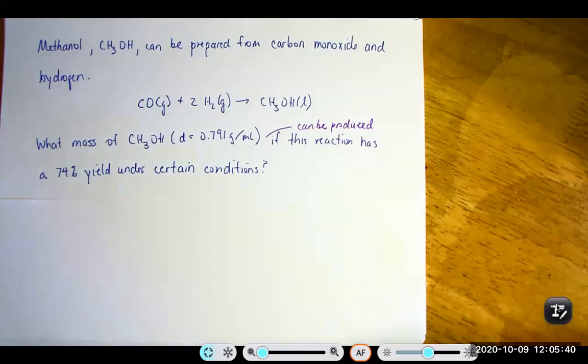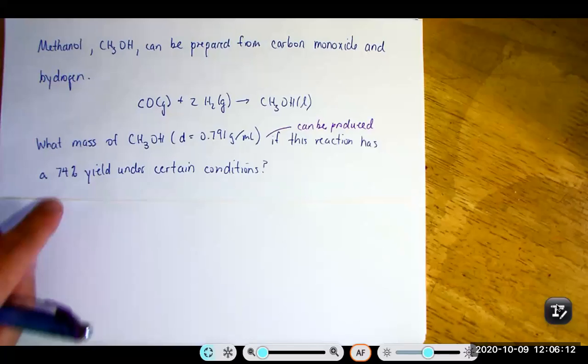I'm missing a good part of this problem. Let me find this problem in the book. What number is this? Here it is.